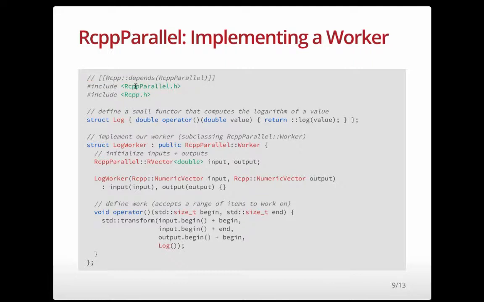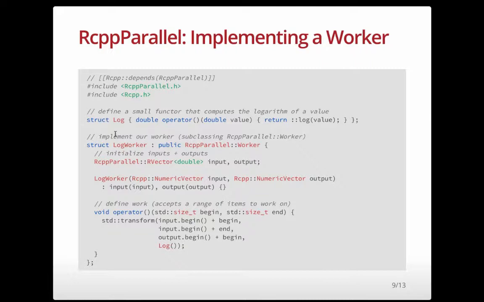We bring in the headers we're using, RcppParallel and Rcpp. Here I'm just defining a small functor. It looks kind of weird, but if you're not familiar with this notation, just imagine that log here is like a function. Log is a function, a thing that can compute the log. And our log worker is going to accept instances of that to compute the log.